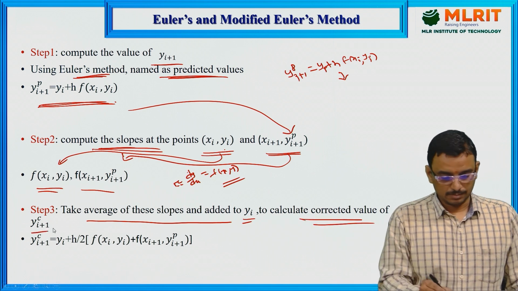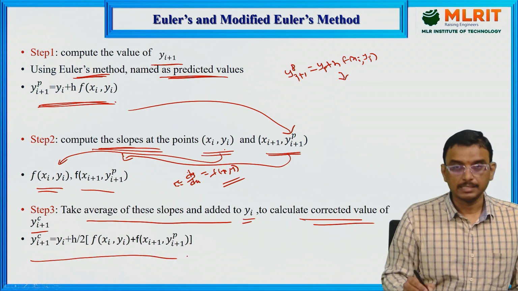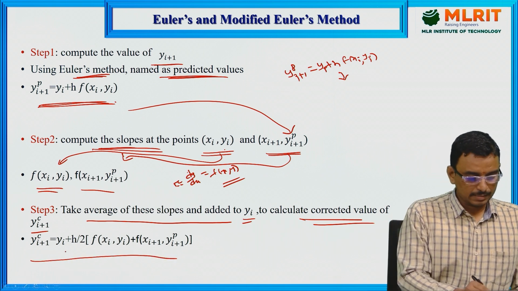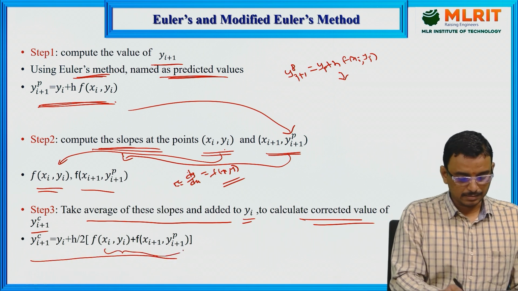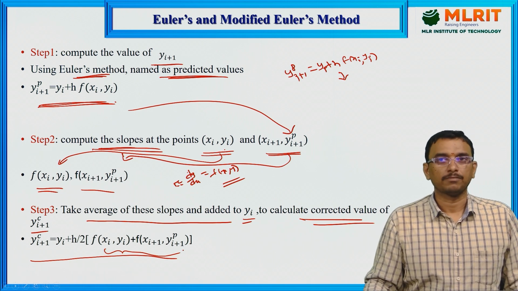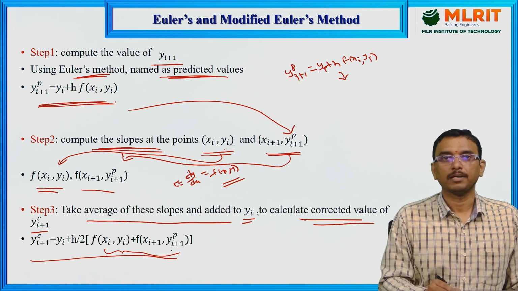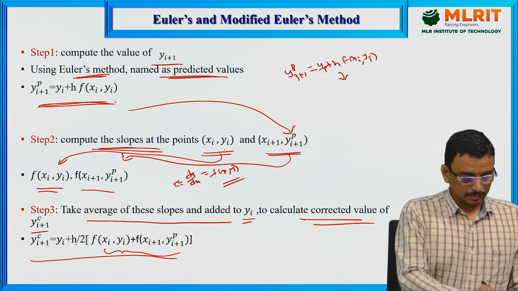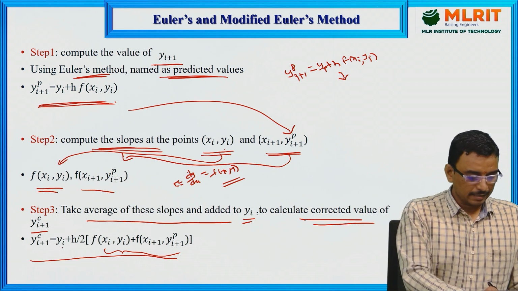That is, yi plus 1 of c is equal to yi plus h by 2, taking the average of f of xi comma yi and f of xi plus 1 comma yi plus 1 of p, added to yi.